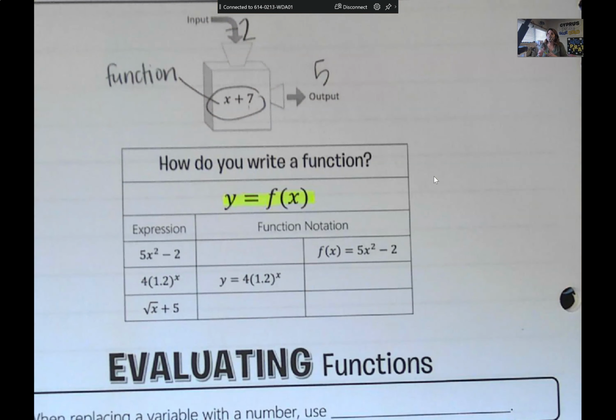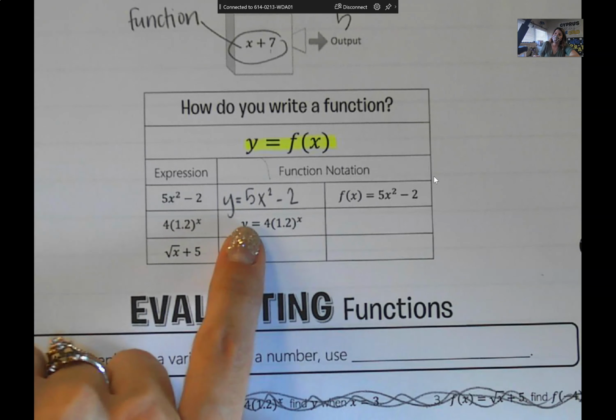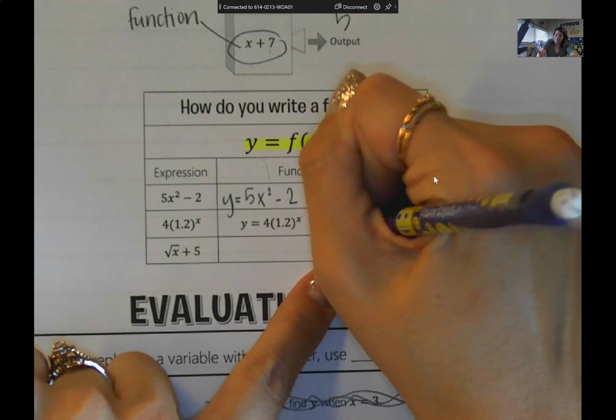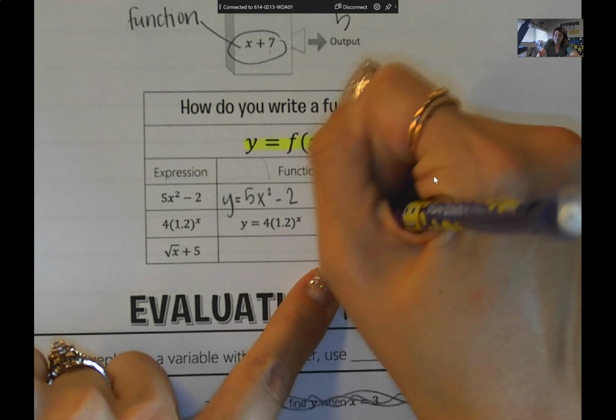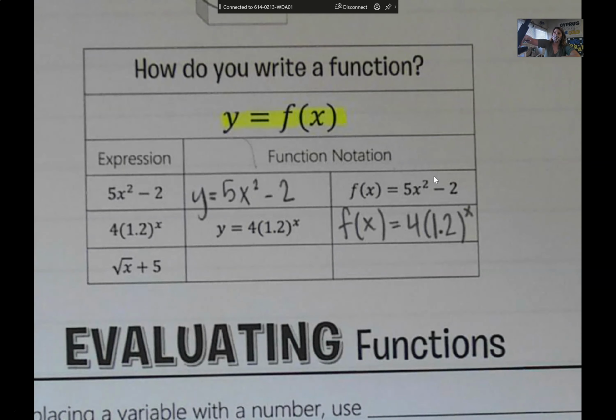Then on the next one, 4 times 1.2 to the power of x, you can write that with a y equals, or with an f of x equals instead. Then this very last row, they want you to take root x plus 5 and write it with a y equals and then an f of x equals, just to make sure that you know how you might see these functions. So write that in.